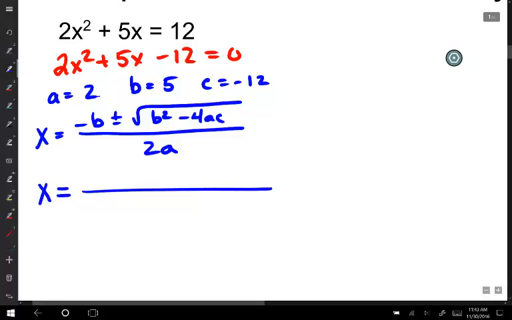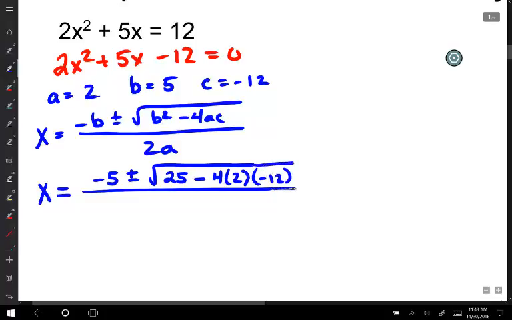The opposite of 5 is negative 5, plus or minus the square root. 5 squared is 25, minus 4 times 2 times negative 12. I'm just trying to get everything under the square root right here.